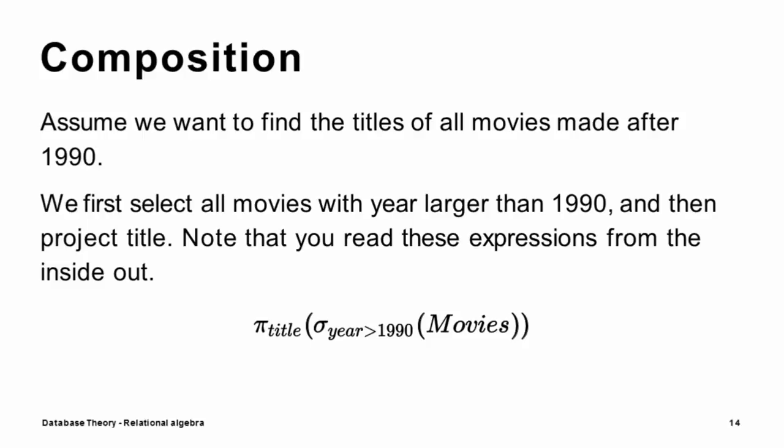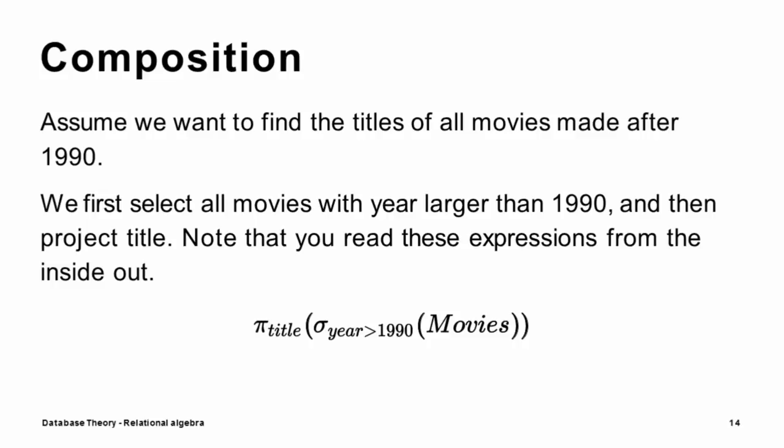So, told you before, it works like a function, sort of. What if we combine these two? We first try to sort out and remove all those films that have a year larger than 1990. Sorry, it's the other way around. We are interested in those films that are produced after 1990.